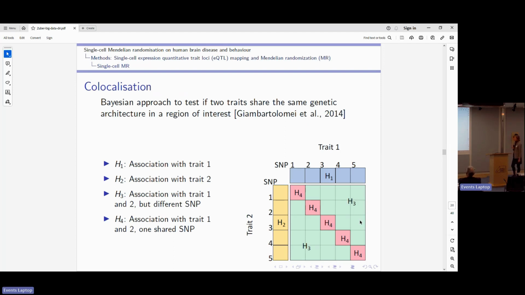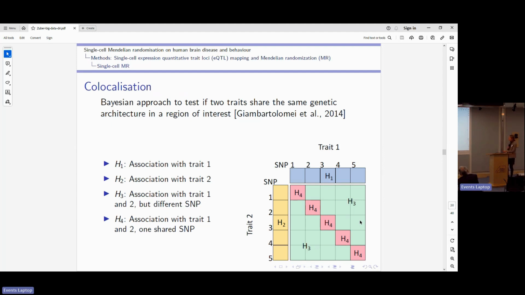Co-localization is a Bayesian approach to test if two traits share the same genetic architecture. Here is an example where we have 5 SNPs, 1, 2, 3, 4, 5 in trait 1, and here is trait 2. Co-localization looks at the evidence for 4 distinct hypotheses. The first hypothesis is that there's only an effect in trait 1.